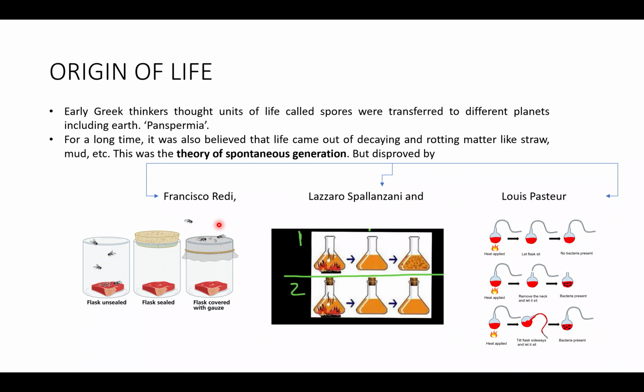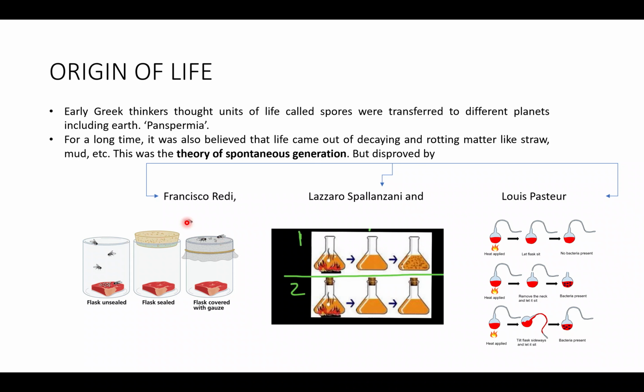In Redi's jar experiment, he saw that when the piece of meat is open, the flies are able to come and lay eggs and maggots can generate on the flesh. But when it is sealed, then no maggots. Also, if the theory of spontaneous generation were true, then maggots would have originated from this decaying piece of meat out of nowhere.